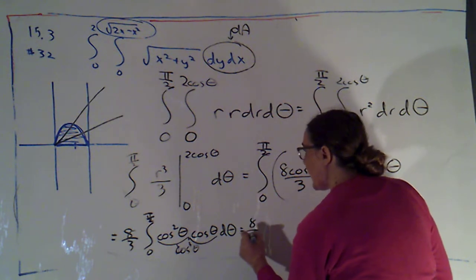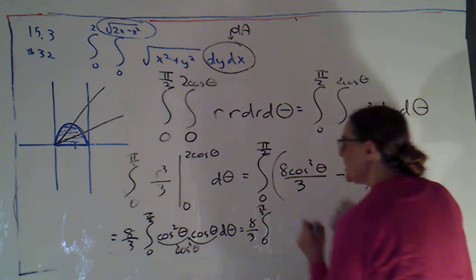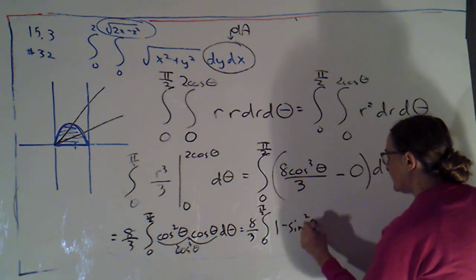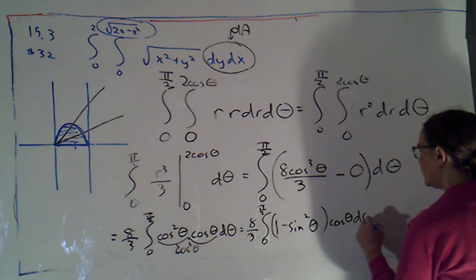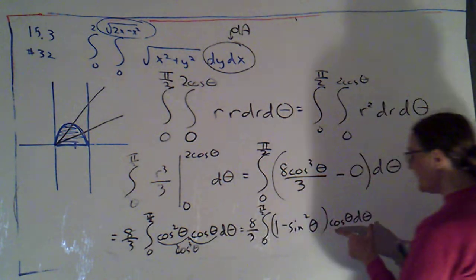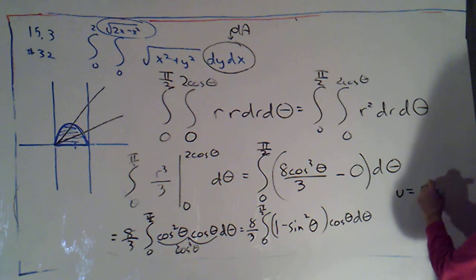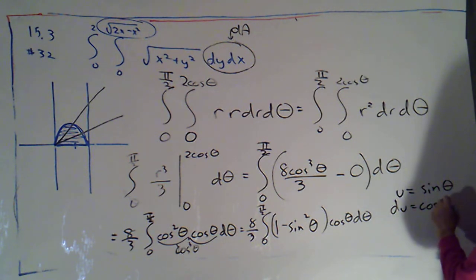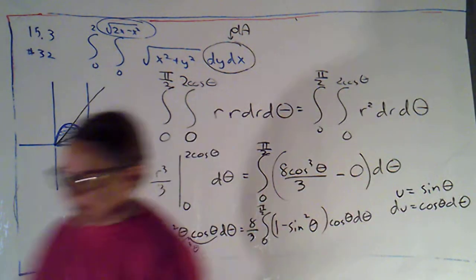So I can say this is 8/3, the integral from 0 to pi over 2, cosine squared is 1 minus sine squared of theta, and then times cosine theta d theta. You can see this cosine theta that I separated out is all set to be absorbed into my du, because I'm going to now let u equal sine of theta, so that du is cosine of theta d theta.